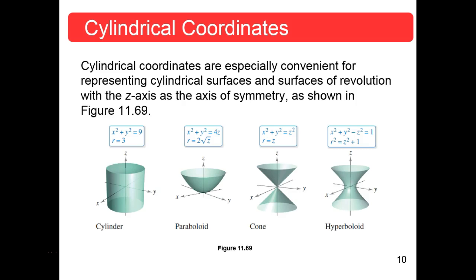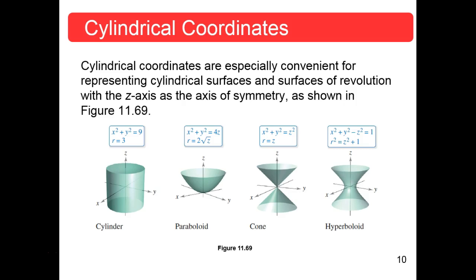X squared plus y squared is equal to z squared. 0, 0, 0 is the place that goes to the origin here. And then this is just simply r is equal to z. Okay? Because this is r squared. So r is equal to z. I would say a little better than that is r is equal to plus or minus z. But it's okay, r is equal to z as well.